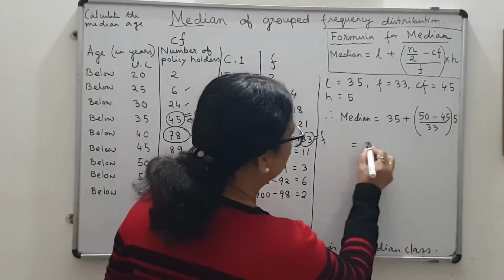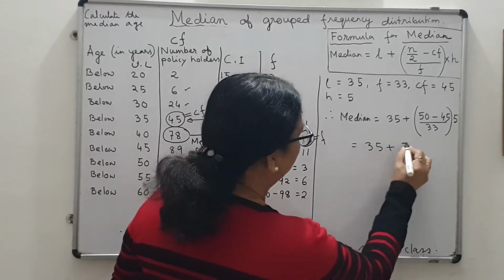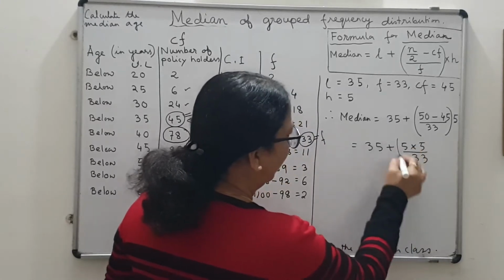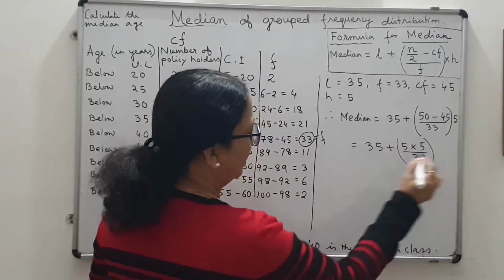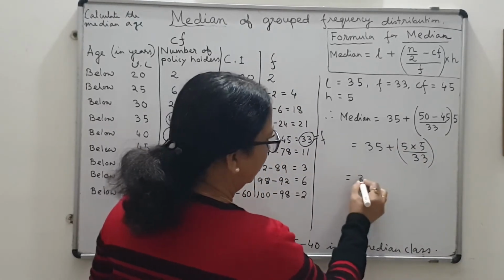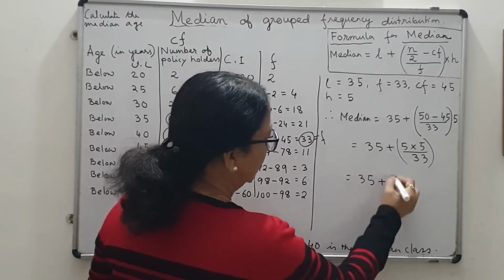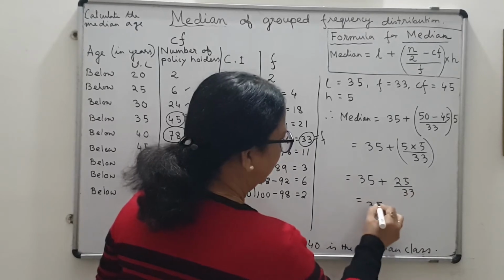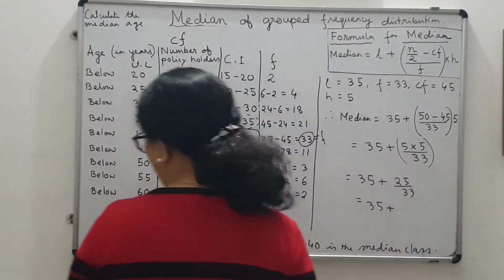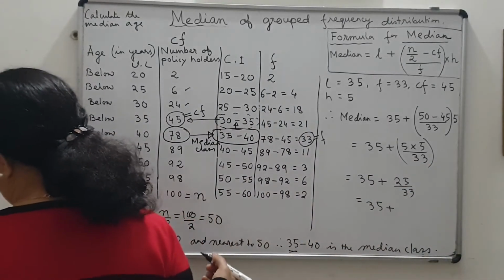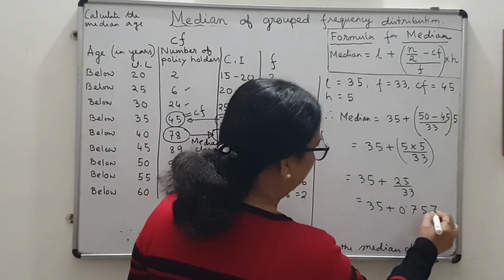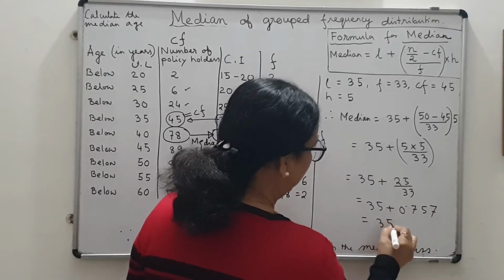So the median is 35 plus 5 into 5 by 33. We find the value of these parts separately. We don't take LCM. 35 plus 25 by 33. If you do the calculation, it will come to 0.757, so the answer is 35.757.